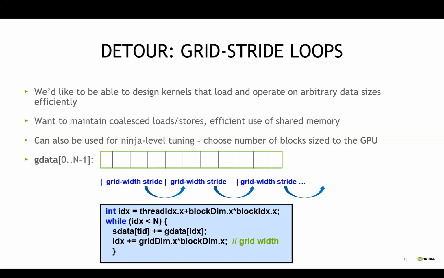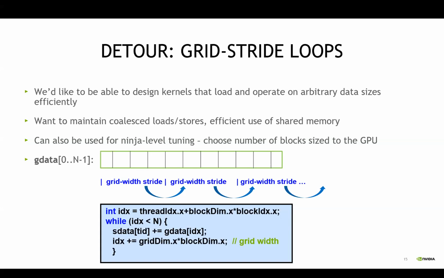When that operation is done, when we have processed that first, let's say, 4 elements, which is our grid width here, just making numbers up, not a sensible number, then we have the entire grid, in other words, all the threads in the grid, stride to the next locations in memory that we're going to process. In so doing, we process the new data, and we might be adding that data to the data we've accumulated already, like what we're about to do with a reduction operation. But it doesn't have to be a reduction. A grid stride mechanism can be used on transformation problems as well to good effect.